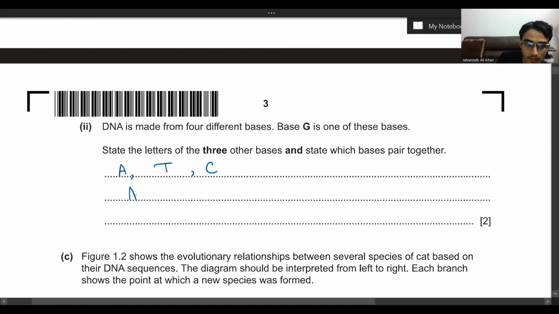So adenine pairs with thymine, and cytosine pairs with guanine.